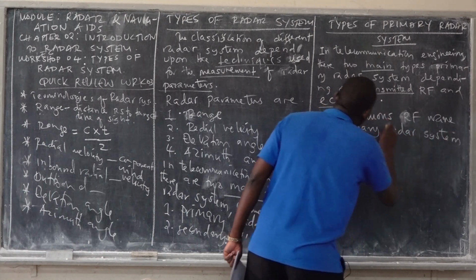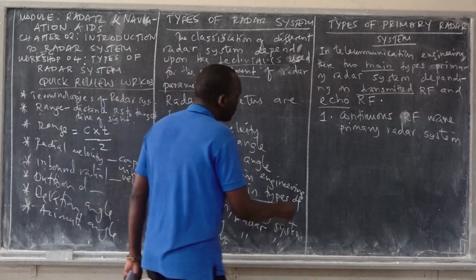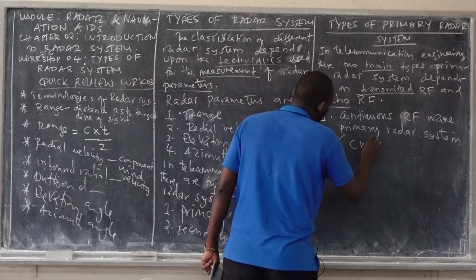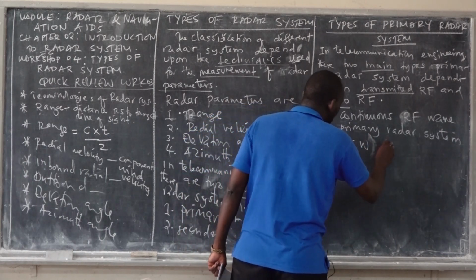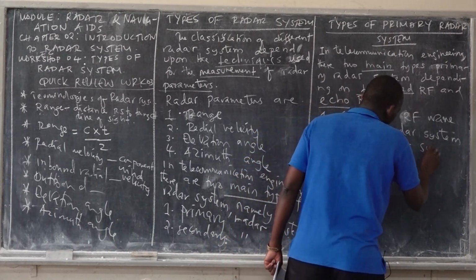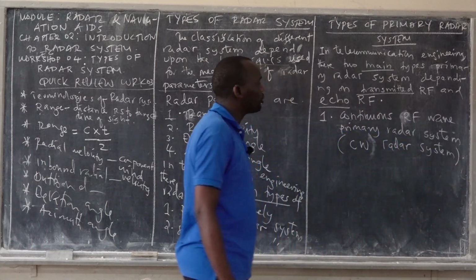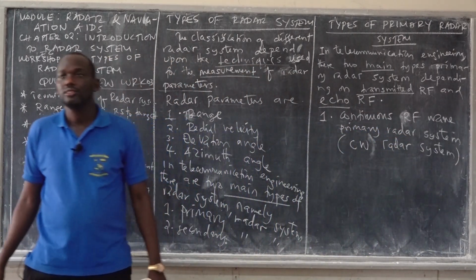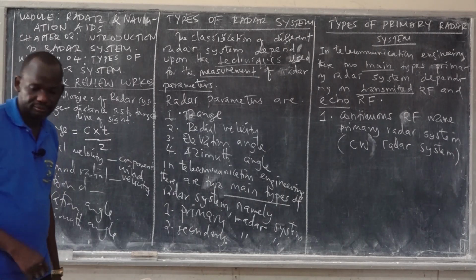Simply, we call it continuous wave. In short, we call it CW radar system. Say continuous wave, or say continuous radio frequency wave.